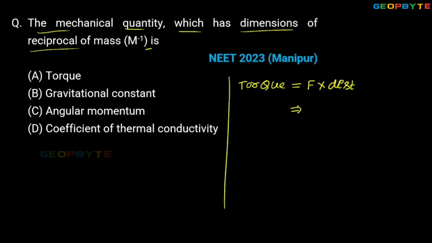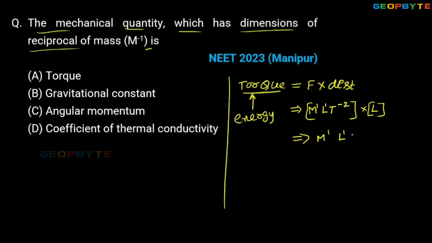For force the dimensional formula is M L T power minus 2, and the distance is L. Torque is a kind of energy; the energy unit is equal to the torque unit. Finally it is M power 1, L power 2, T power minus 2. It has the dimension of M power 1, not M power minus 1. Therefore A is not correct.